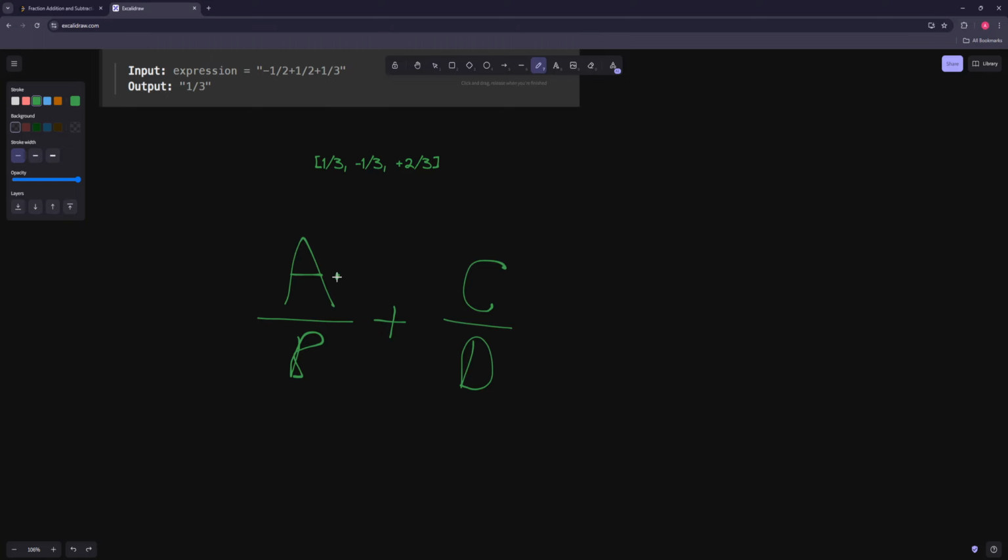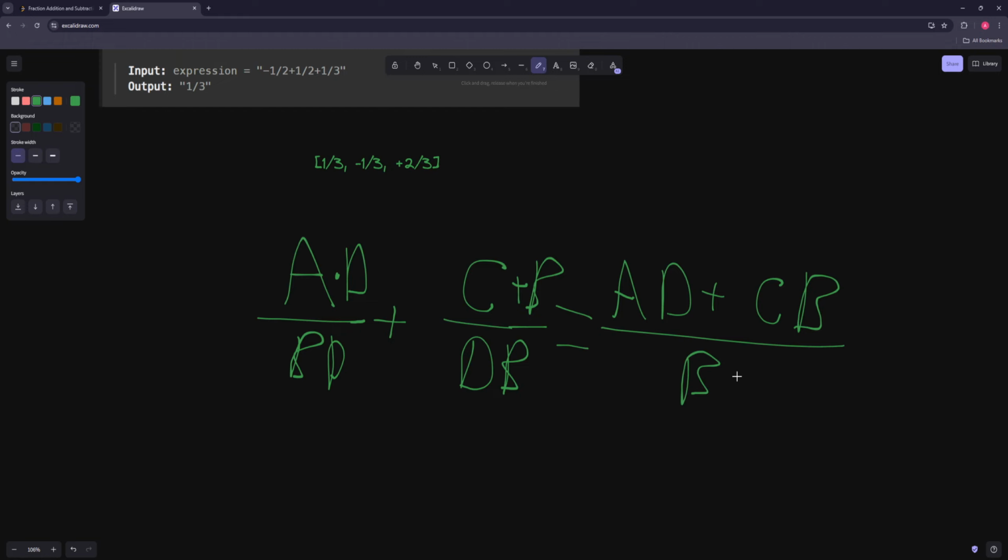So we can say a times d plus c times b, and now the common denominator will be bd. Because the common denominator is bd, we multiply this whole thing by d and this whole thing by b. Then we get ad plus cb over bd.